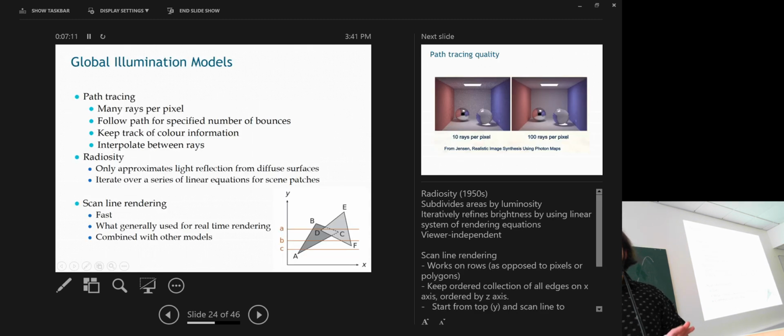So other models, path tracing, that is very popular these days. To make a long story short, it's similar to ray tracing, but it's a kind of brute force version of ray tracing.